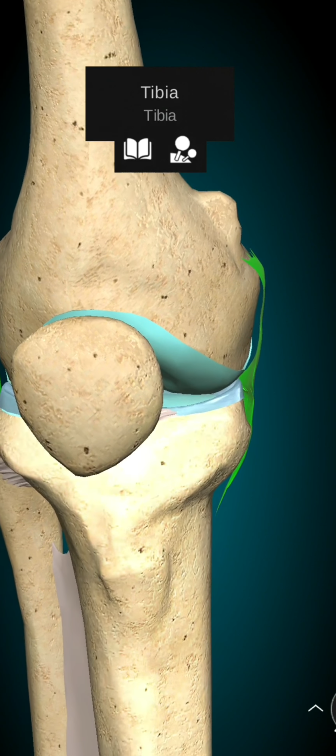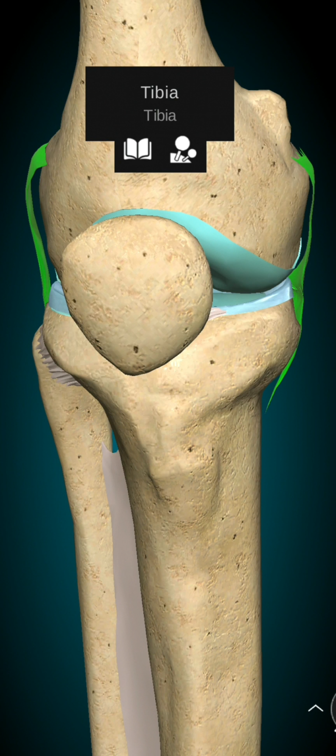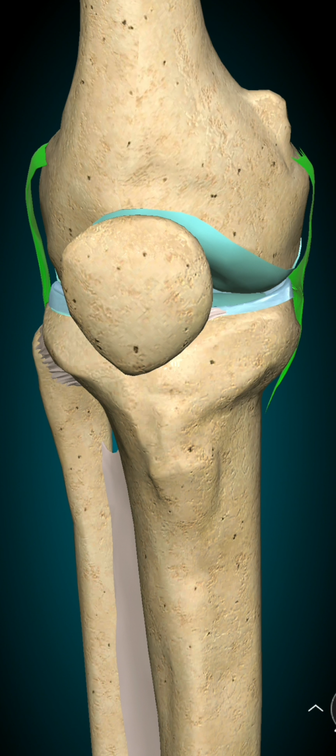Down here we have the tibia, and this thing you can see coming out of the bone is called the tibial tuberosity. So these are the main articulating surfaces of the knee joint: femur, patella and tibia. These are the major bones that articulate in the knee joint.